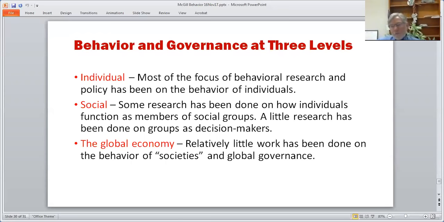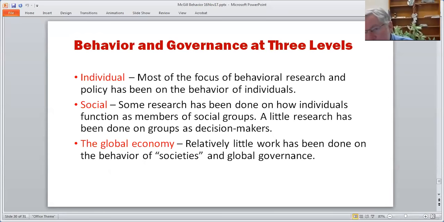Okay, so I see, in terms of a research agenda, most of the research in behavioral economics and behavioral science has been focusing on the individual. Some research has been done on how individuals function as members of social groups, and this is some really important work.